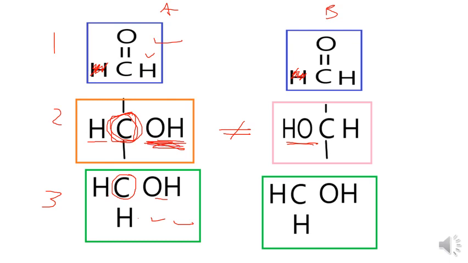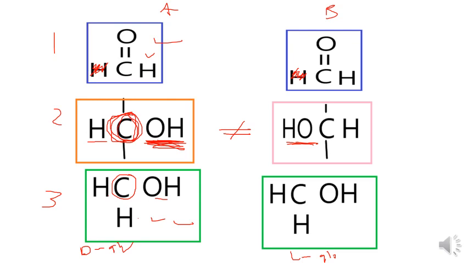So we have to name this. We're going to name it according to where this OH is. D stands for right, so this would be D-glyceraldehyde. Because that OH is to the left, this one is called L-glyceraldehyde.